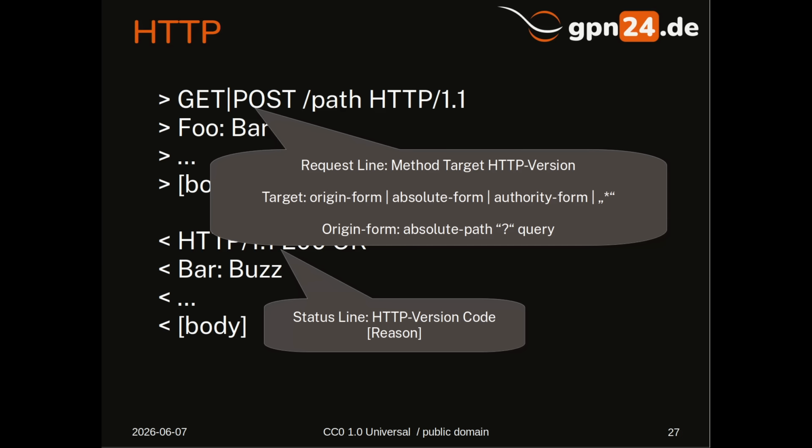And then an important element of the absolute path in the origin form is that it has a query, these GET parameters or query strings that you probably all know, separated with a question mark.